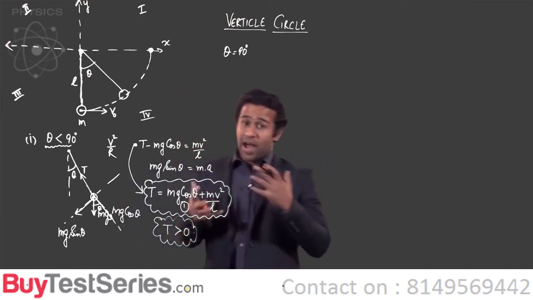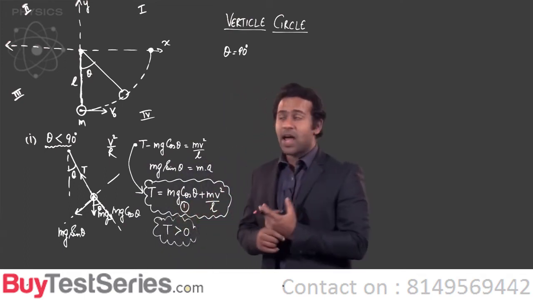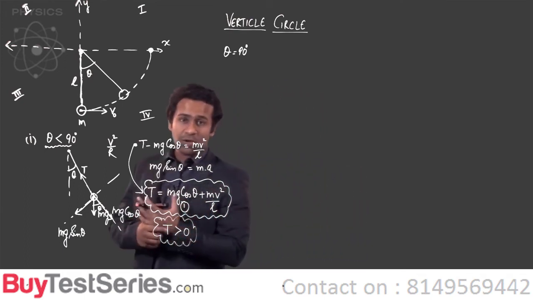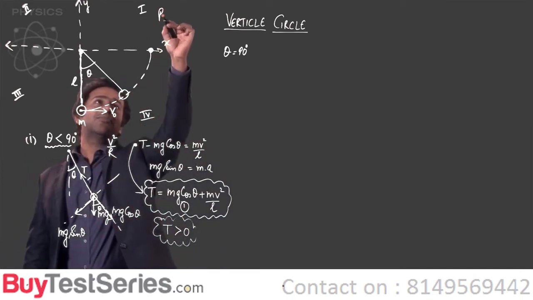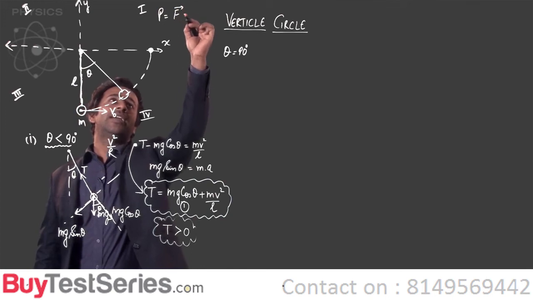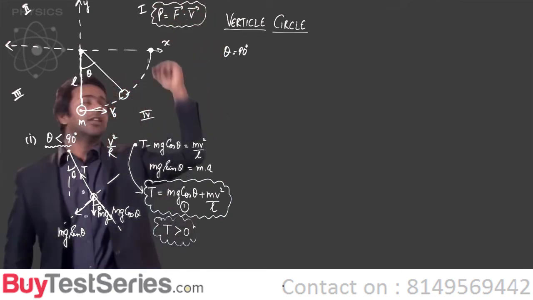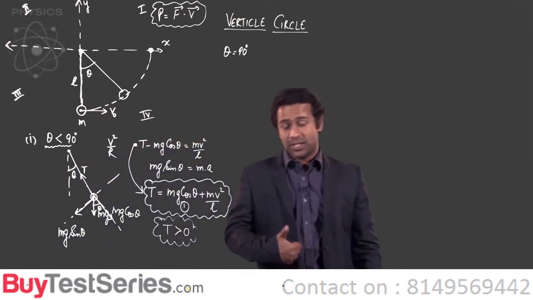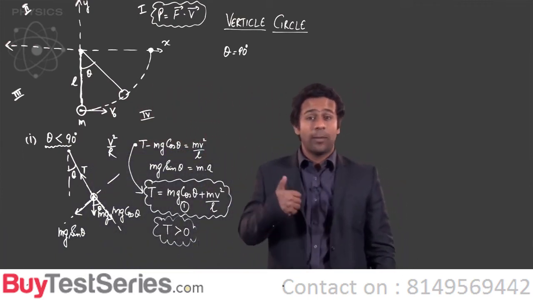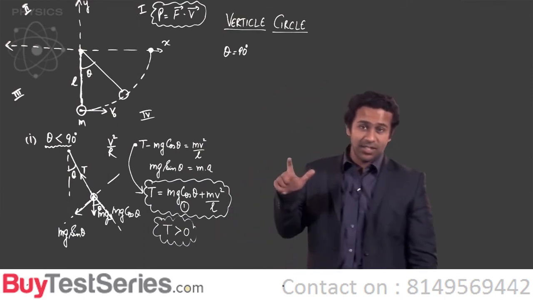Now that we have learned power, we can give a much stronger argument: the instantaneous power is F dot V. In circular motion, the force is towards the center, which is the normal direction, and velocity is always tangential.